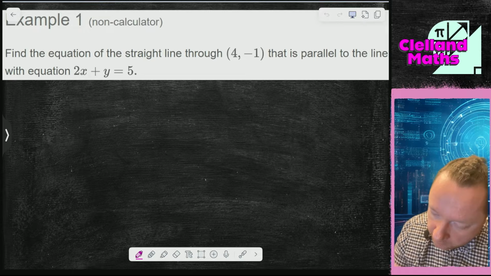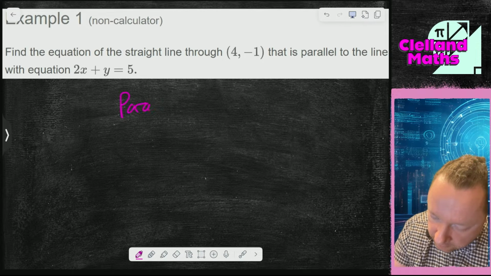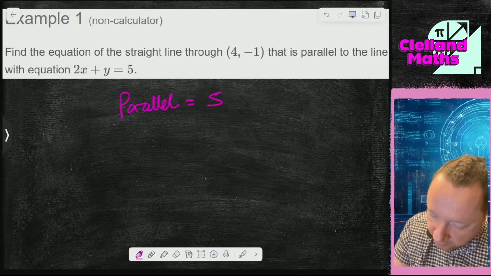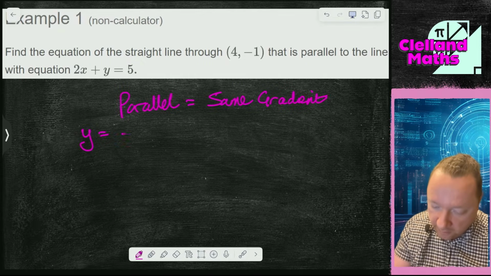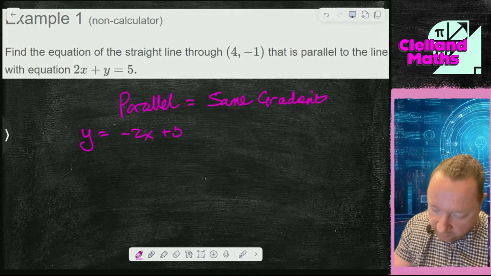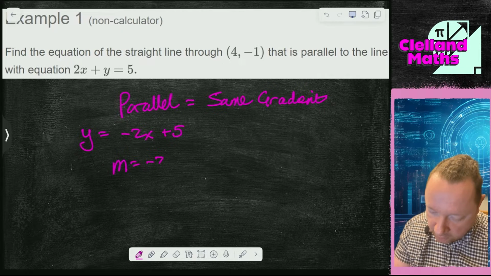So we've got parallel means same gradient. Rearranging, y equals -2x + 5, so the gradient equals -2, and it's the same since parallel.